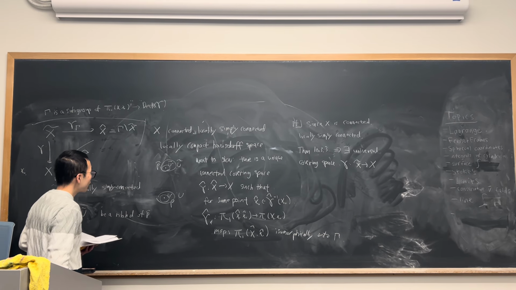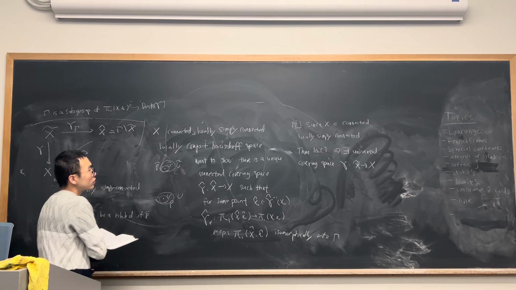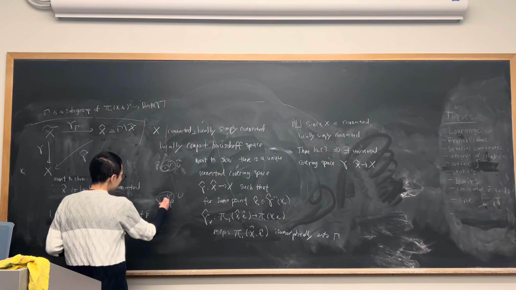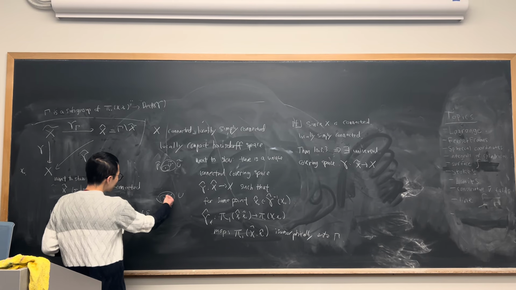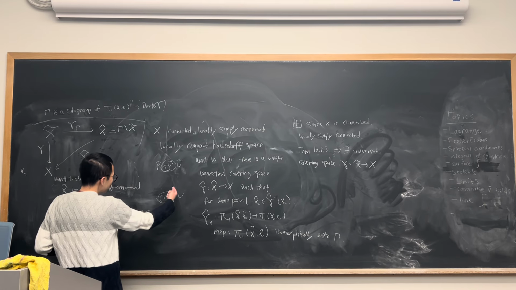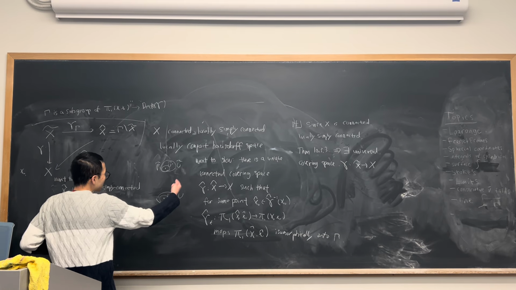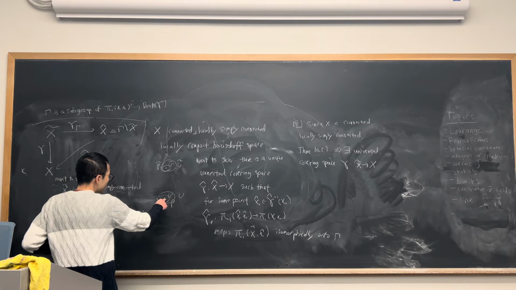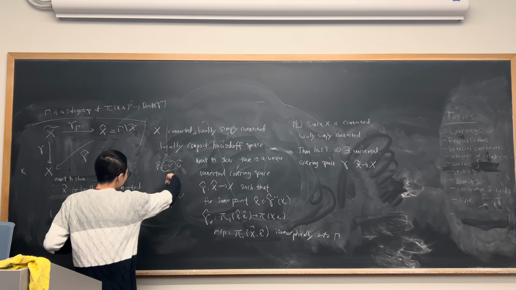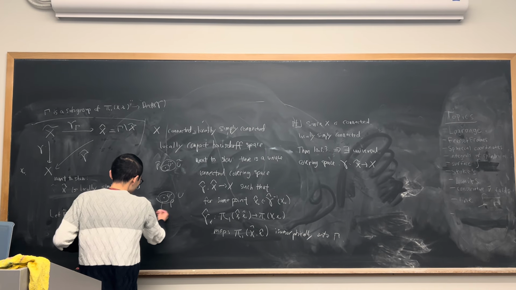Because this X tilde is locally simply connected, you can also just replace this U prime by the simply connected open neighborhood that contains this point P. So this is simply connected.